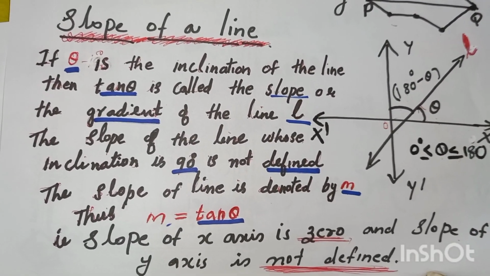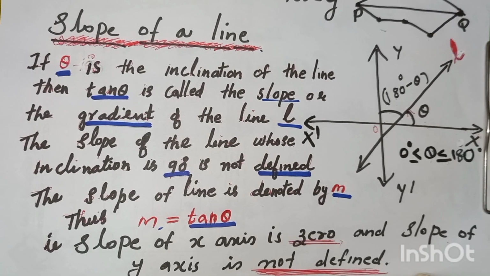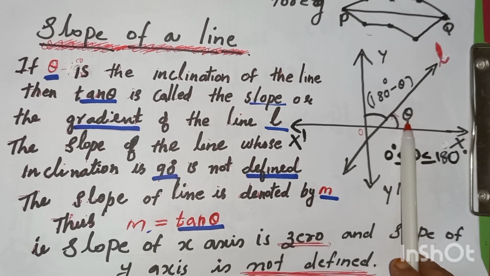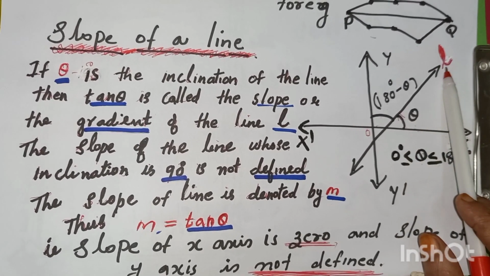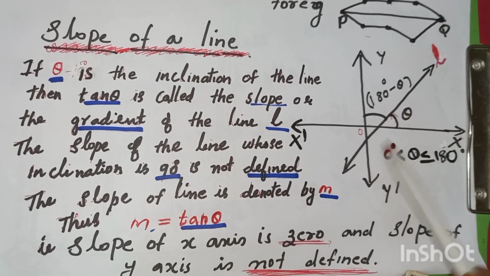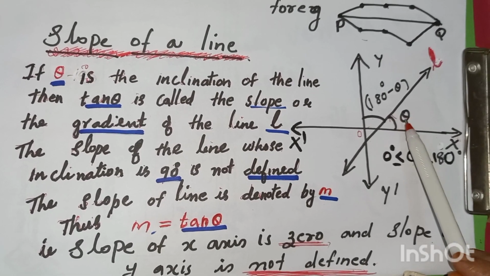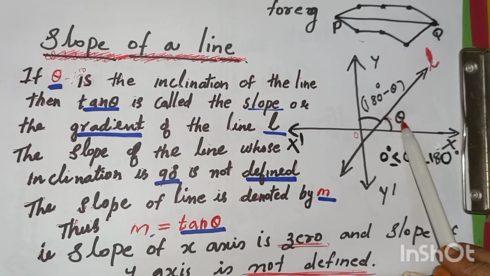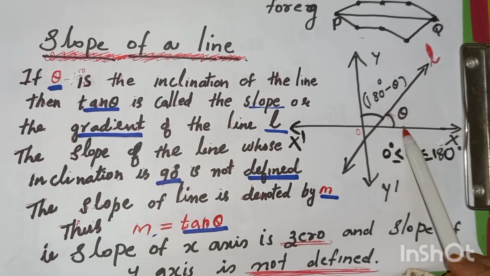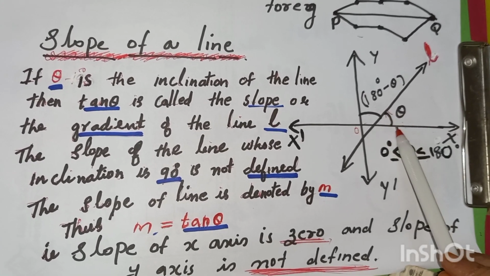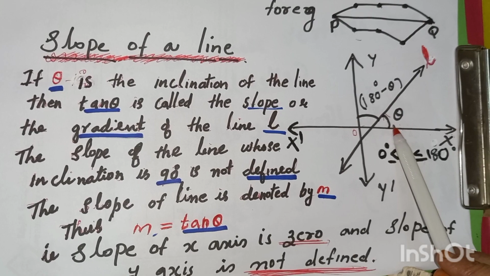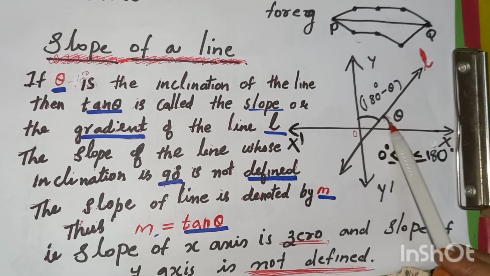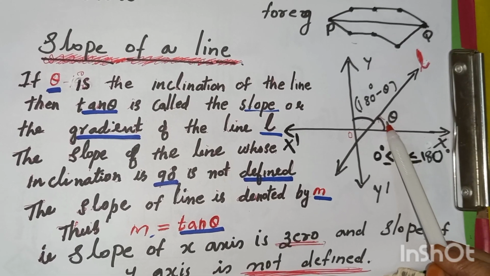Then we can say this angle is theta, made by this line. The angle made by this line is called theta, with the positive direction of the x-axis. The positive direction of the x-axis is measured as positive. That is why this angle is measured as positive.